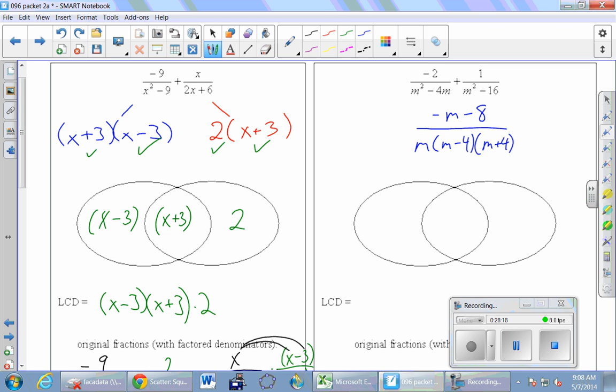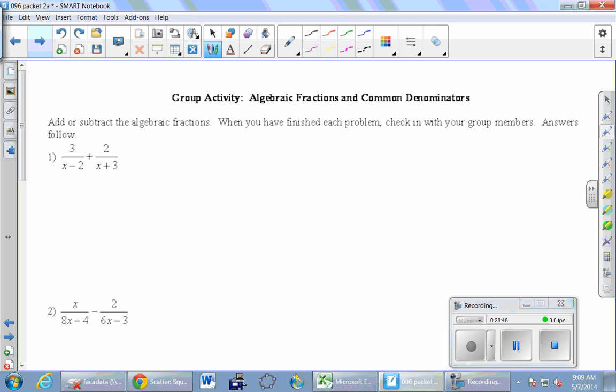Yeah, -2m minus 8 is what we get when we distribute that. That's correct. It's just in the different order from what it says. That's just m. Okay. And then this, is it there?